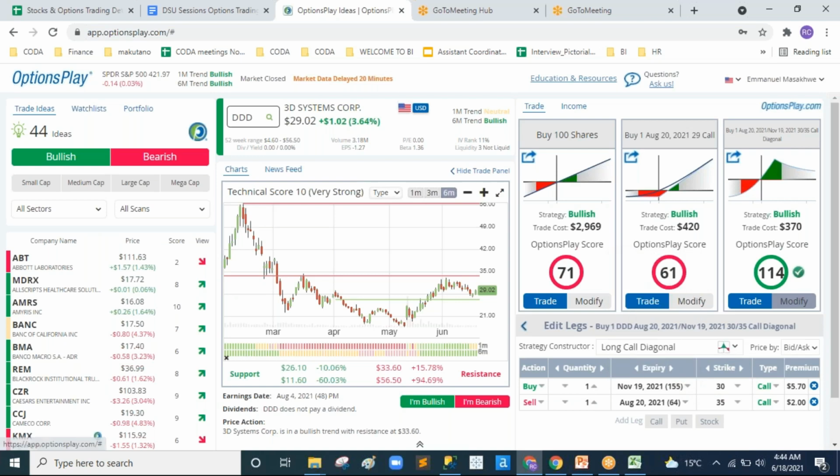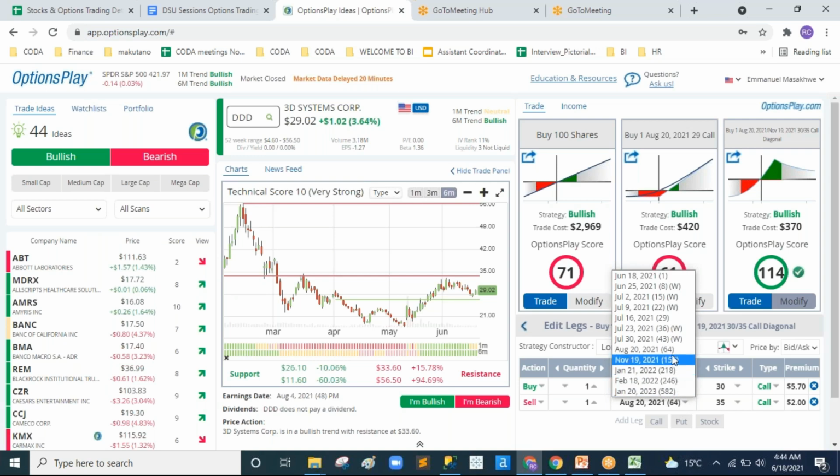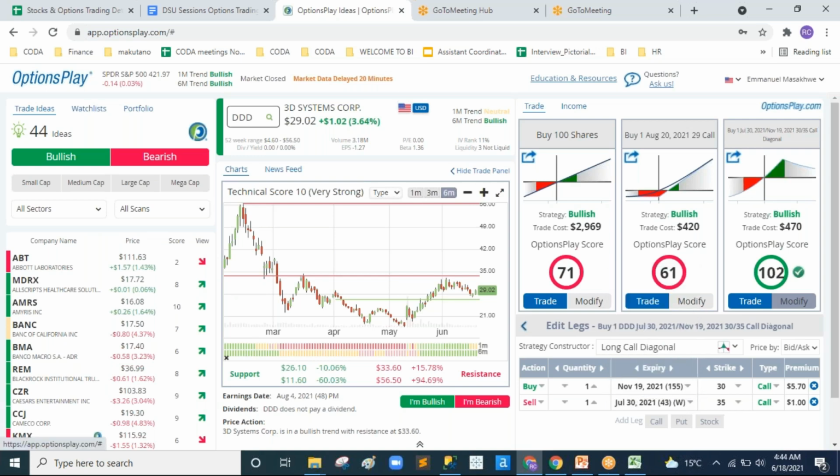So you have November 19th. Can we have a closer one? Let's take July 30th. From this one, we'd be paying $5.70 and receiving $1.11. But then again, you remember what you said about the width and the debit.